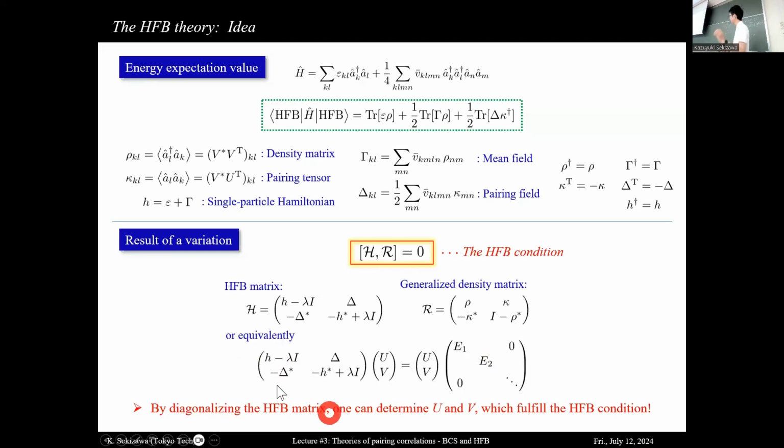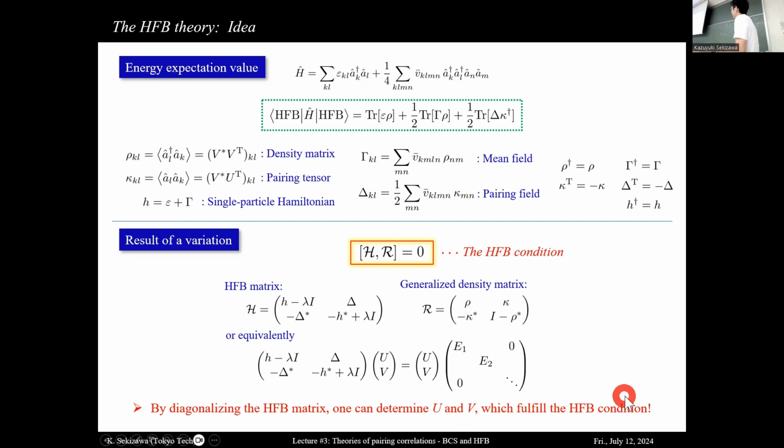By solving this equation, we can determine U and V, which are the coefficients for these generalized quasiparticles. And by solving this equation self-consistently, I mean, again, V determines the mean field potential and UV determines the pairing potential, and we solve this equation, and then we can get a new set of U and V, and we can update the mean field and pairing field, and we can repeat this procedure until we get a convergent, self-consistent result.